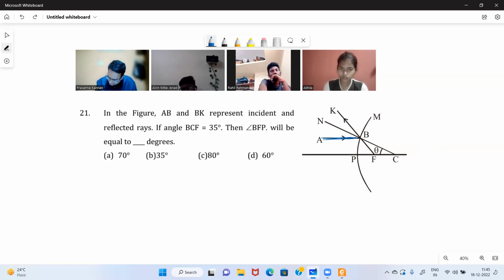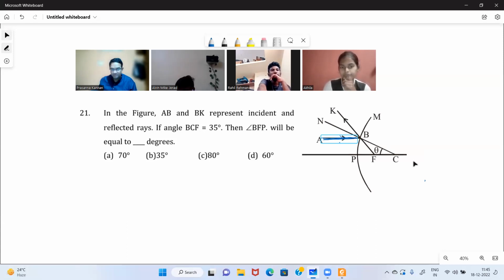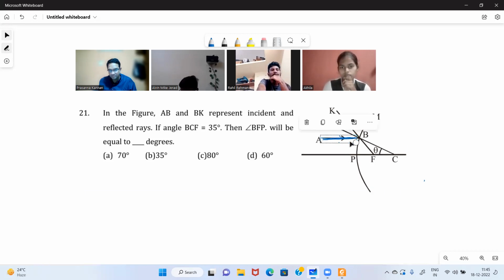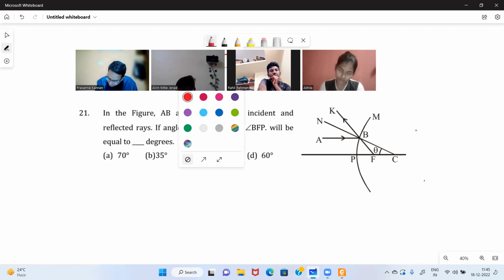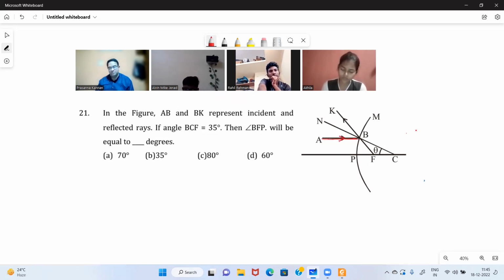If a ray is coming parallel to the principal axis, it's a convex mirror, right? So you can see the incident ray is coming parallel to the principal axis.